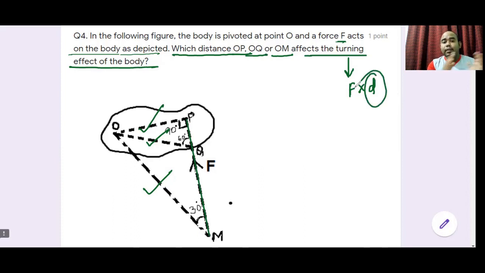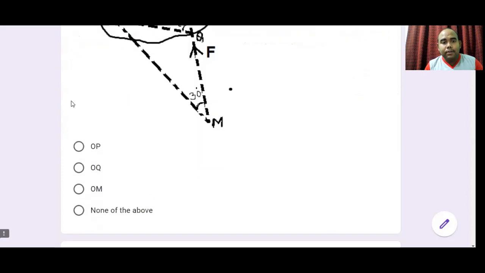Perpendicular distance between the line of action of force and the pivot. Means we have to select the perpendicular distance, which is nothing but OP over here. तो हमारा जो आंसर है वो OP होगा. So नीचे हमारा ऑप्शन है, if I go below you can see OP is the correct option. ठीक है? And no other distance.